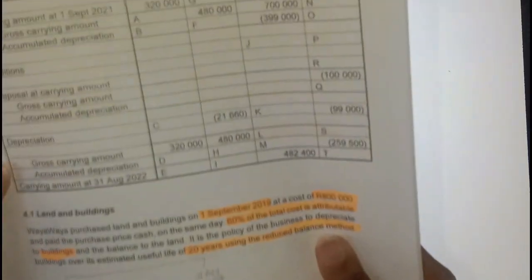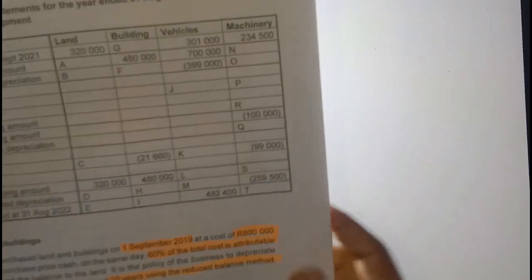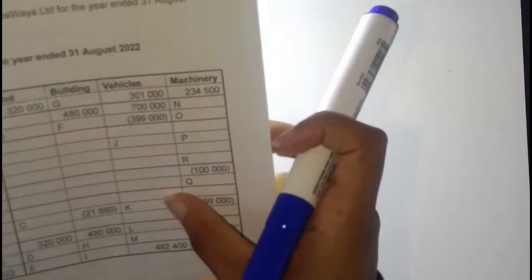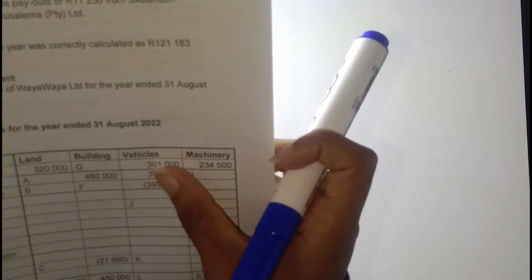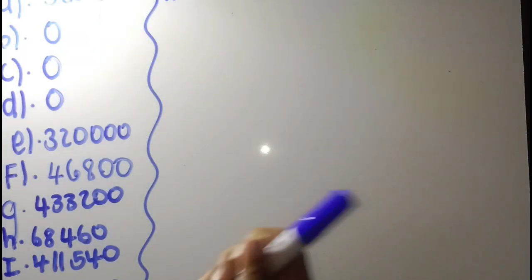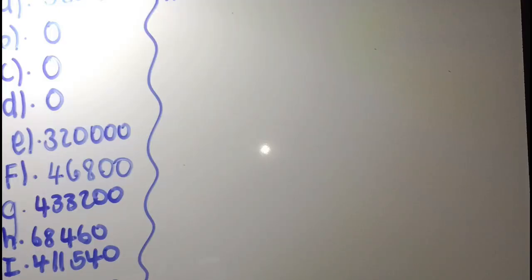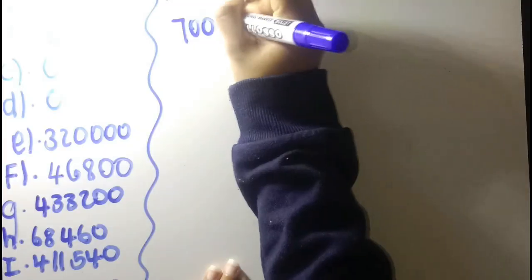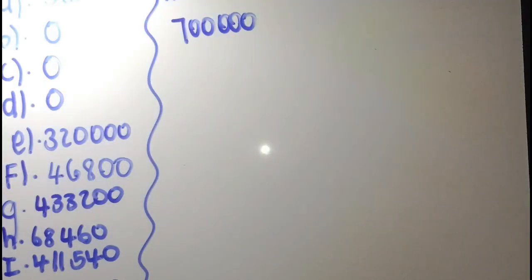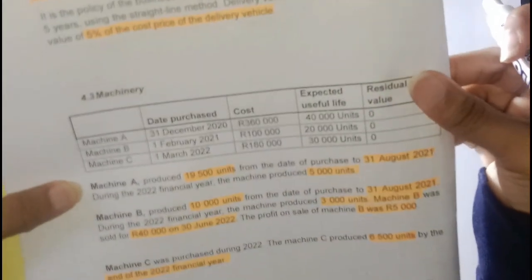All right, for K, they're asking for your depreciation of all the vehicles. So let's start with the one that was always there, because they didn't sell anything. So we're gonna say 700,000. Let's continue with this.